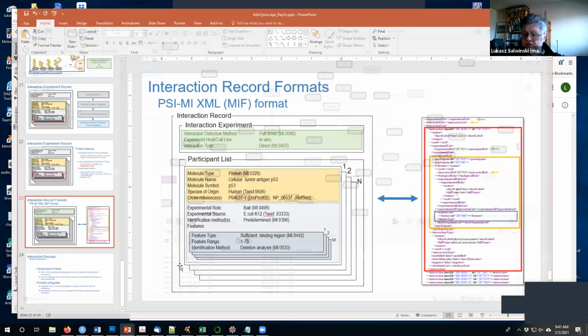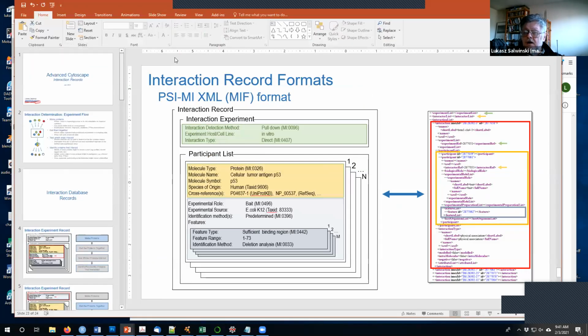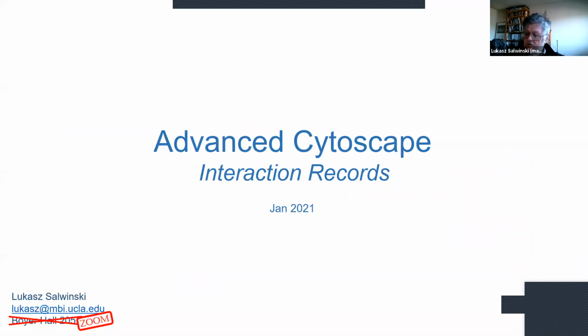Yeah, so these are our slides. So we're going to switch to slides for a moment. Okay, the PowerPoint is on a Google Drive. It will go on UCLA box this afternoon, so you have access to that.